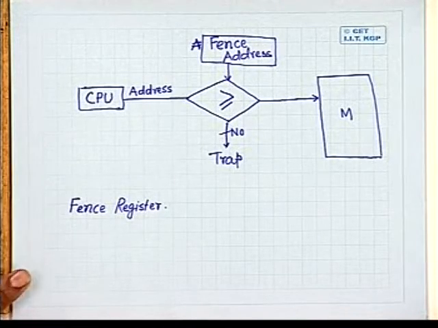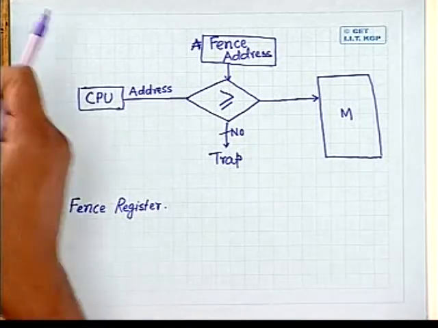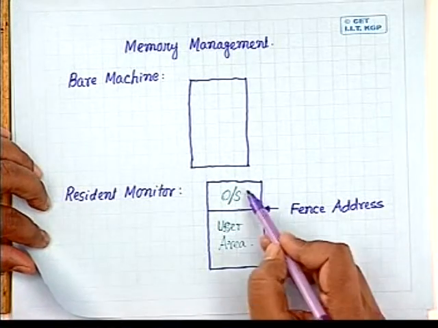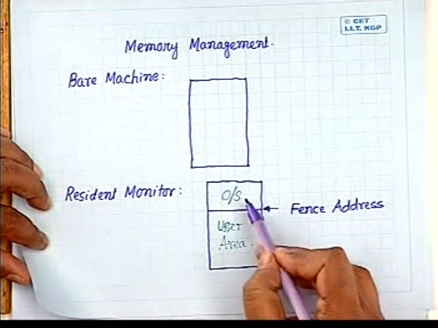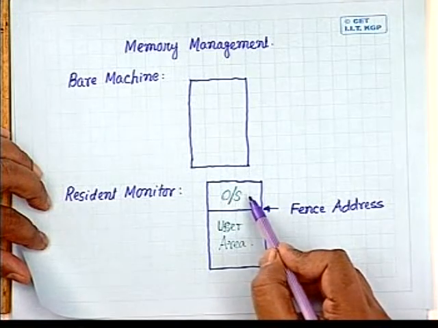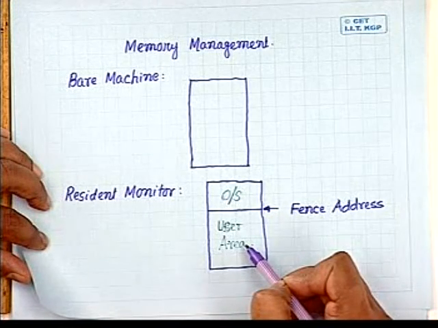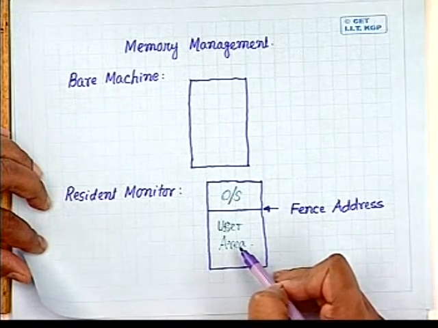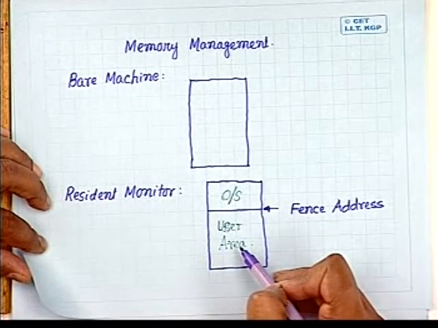Now, whichever way we specify this fence address, since the memory is partitioned into two partitions, one occupied by the operating system and the other by the user program, this is mostly suitable for a single user system.